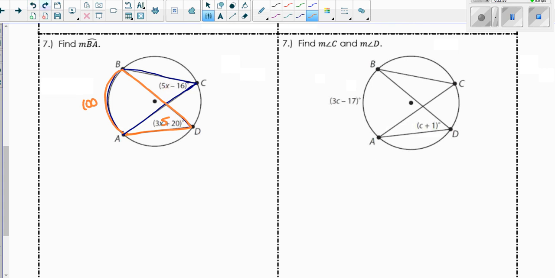I don't know what their numbers are yet, at least, until I figure out x, but I do know that they have to be congruent to one another. So that means that I can say that this angle of 5x minus 16 has to be equal to 3x plus 20. Okay, this would be a good place to pause, finish this angle, and then go back and find the measure of arc BA.